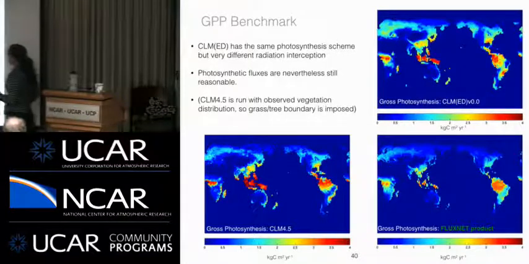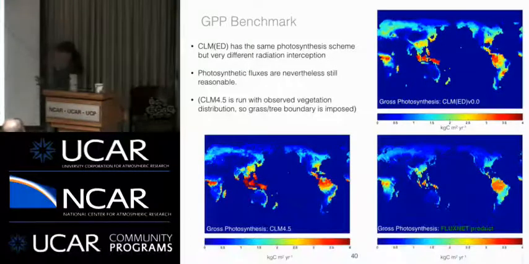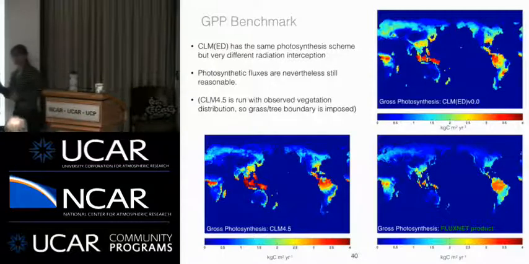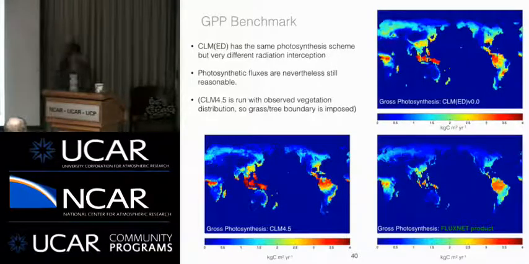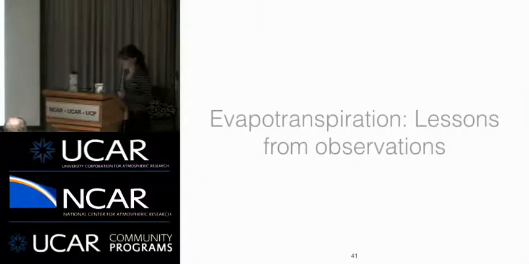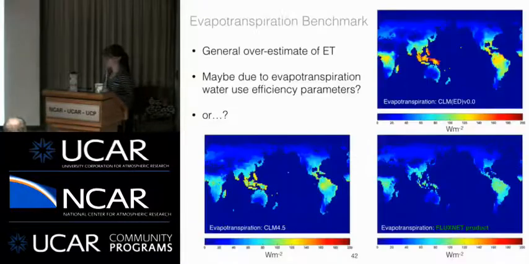I'm kind of leaving this here now. I'm not going to introduce a new hypothesis into the GPP model, because it seems like our new radiation deception scheme isn't behaving in a way which is terrible compared to the existing model. Instead, I'm going to look at the evapotranspiration product, which is produced in the same way from flux towers.